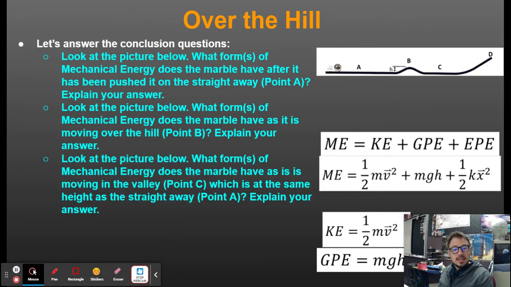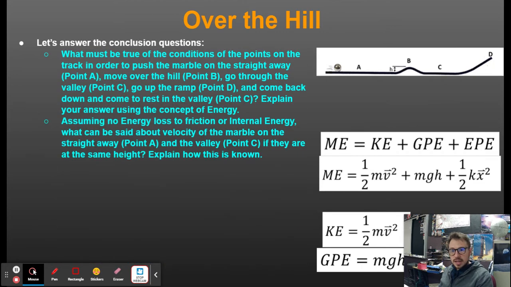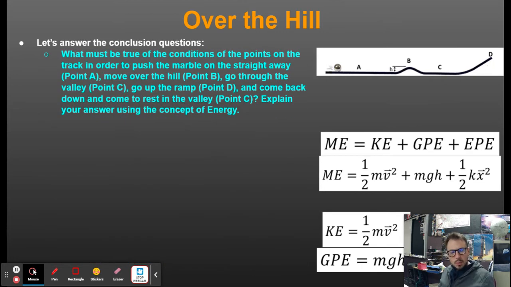Now, at point C, that gravitational potential energy was transformed back into kinetic energy. So at point C, it has all kinetic energy. And once it comes to rest on the ramp at point D, then it has all gravitational potential energy. Now, if we look at these questions, what must be true about these conditions in the track in order to get it to rest at point C in the valley?